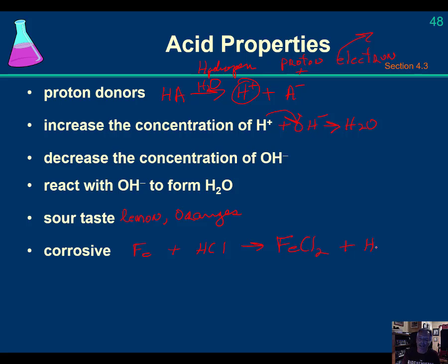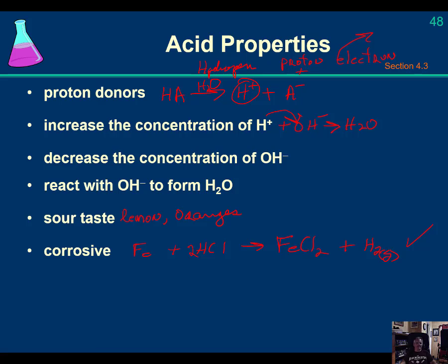And you're going to get hydrogen gas. And so we can go ahead and balance this. We've got 2 chlorines, 1 iron, 2 hydrogens, 2 hydrogens. Well, that actually wasn't too hard. Acids are corrosive for some metals.